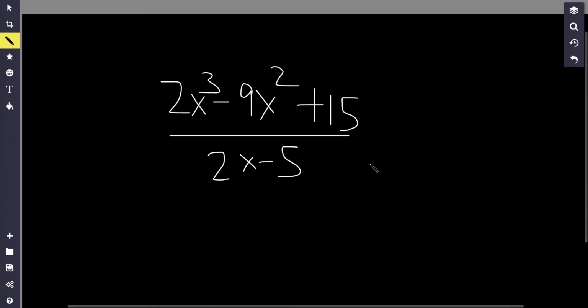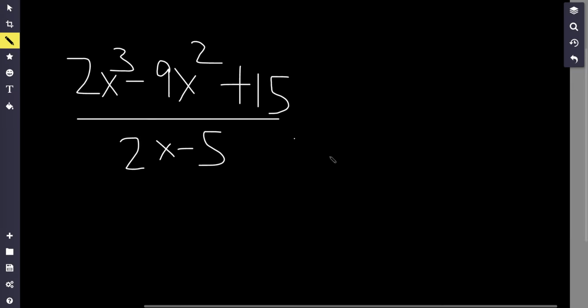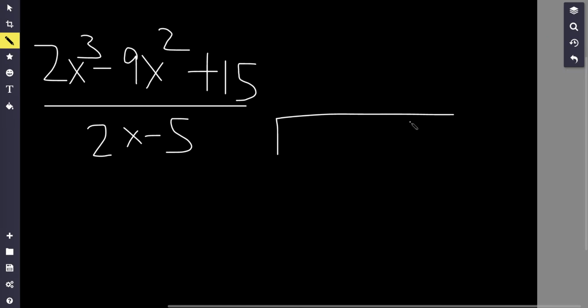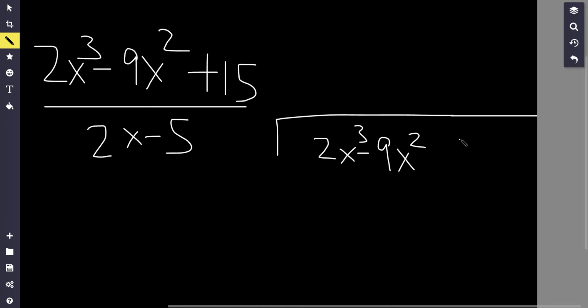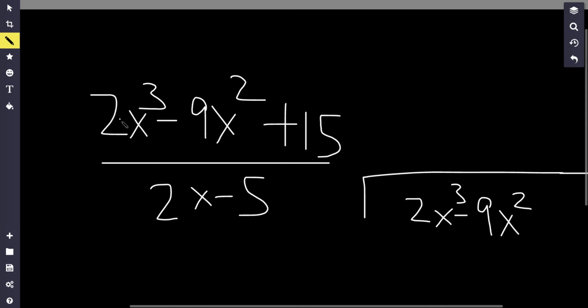Now let's say we have 2x to the third power minus 9x squared plus 15, divided by 2x minus 5. Do the same strategy. We place the numerator on the inside. But here's the tricky thing. Just like synthetic division, you notice how we go from x to the third power to x to the second power, and then we skip the x term, because there's 0 of the x term.